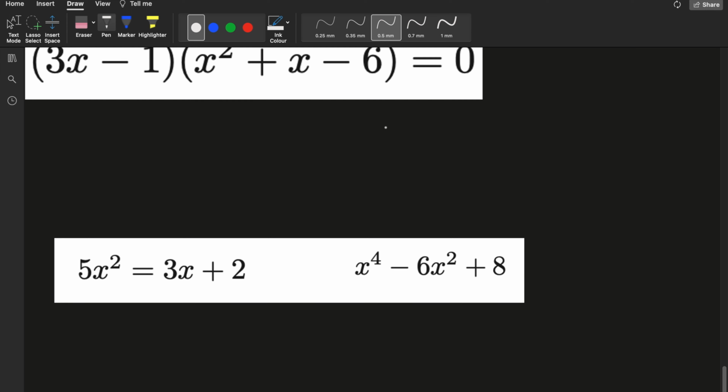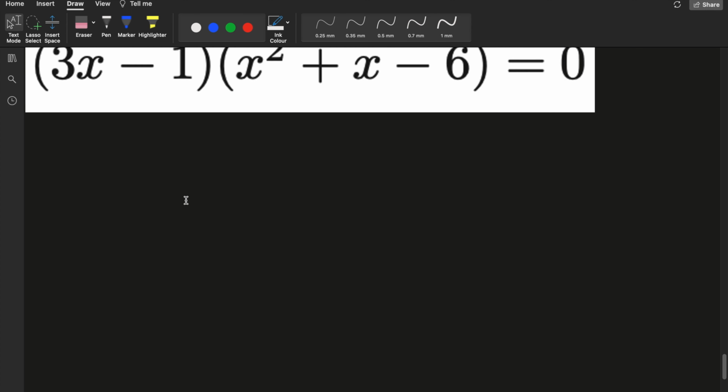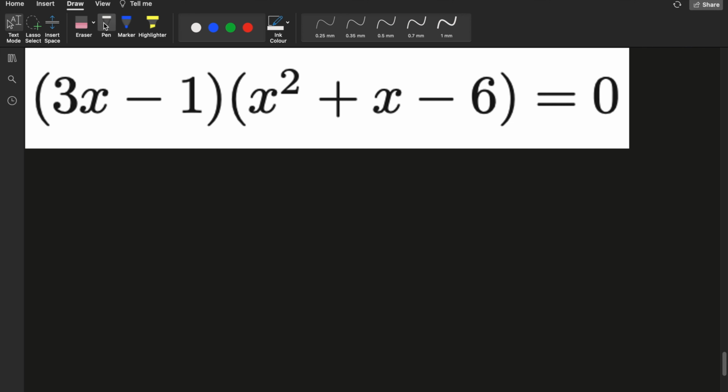And then this is our next question. We're supposed to find the roots of the equation. First we'll equate this to 0. We get x equals 1 by 3. We've got to equate this to 0 as well, so let's do that.